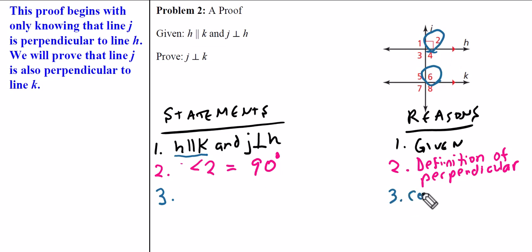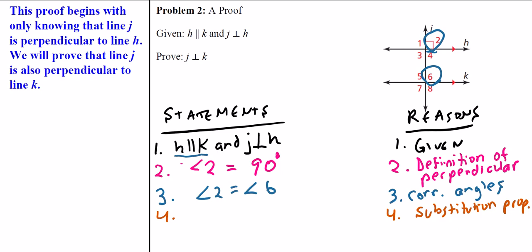Well, we know they're corresponding angles. And we know that corresponding angles are equal to each other. They're congruent to each other. Now, we see that angle 2 is 90 degrees, but angle 2 is also equal to angle 6. So we can go ahead and substitute, right? It doesn't follow the right pattern for transitive property in this case, but by substitution, we can say that angle 6 is equal to 90 degrees.